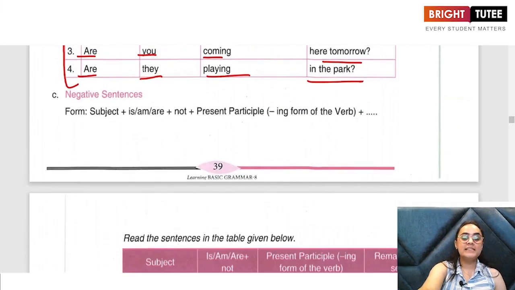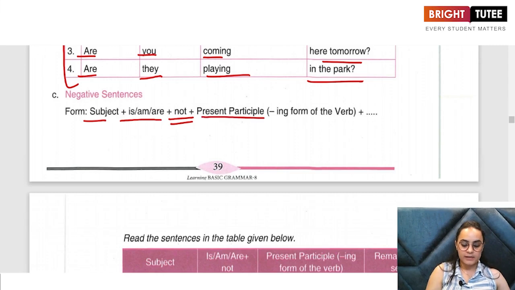The next one is the negative sentence. Now, what is the structure of framing a negative sentence? We simply have to add a not. The positive statements that we have learned, we add a not in that. Subject plus is, am, are plus not plus the ing form of the verb.